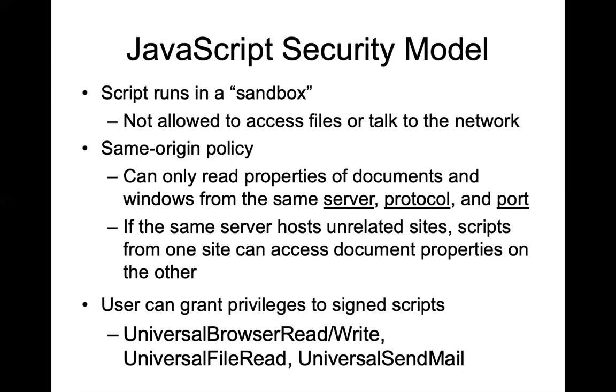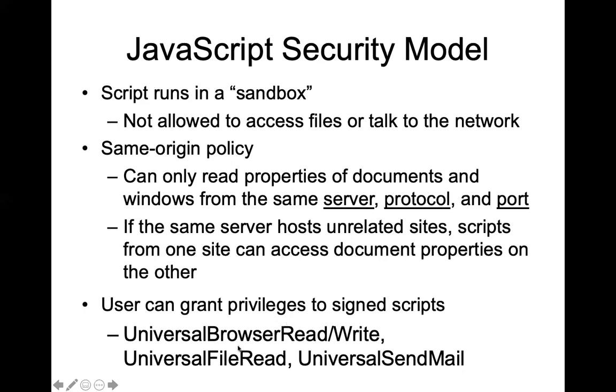The user can choose to bypass the same origin policy by granting special privileges to what are called signed scripts. These are supposed to be scripts that you trust, and you can grant privileges to these scripts to access things that are beyond the same origin policy.